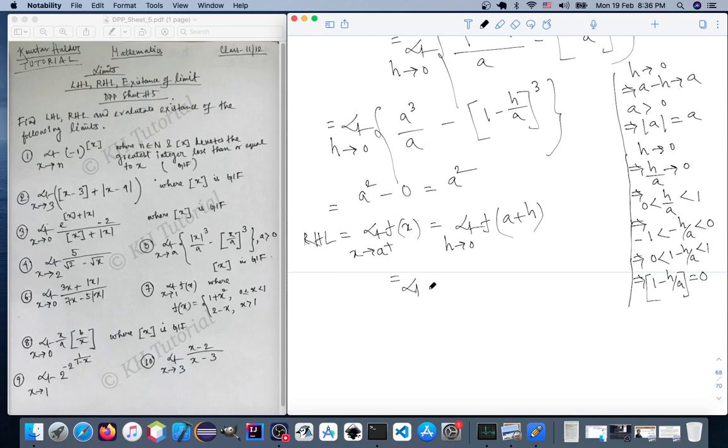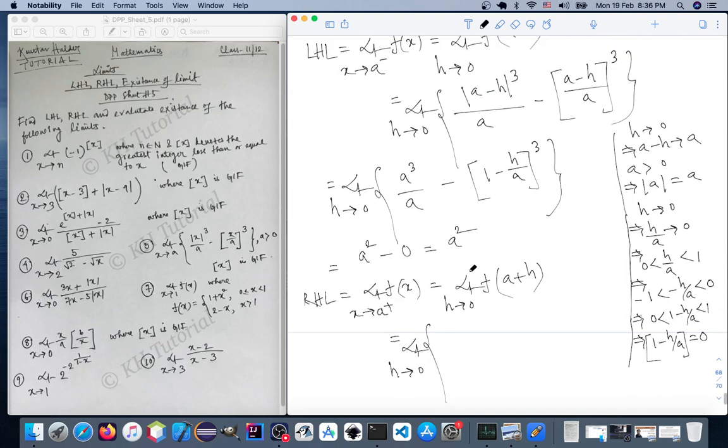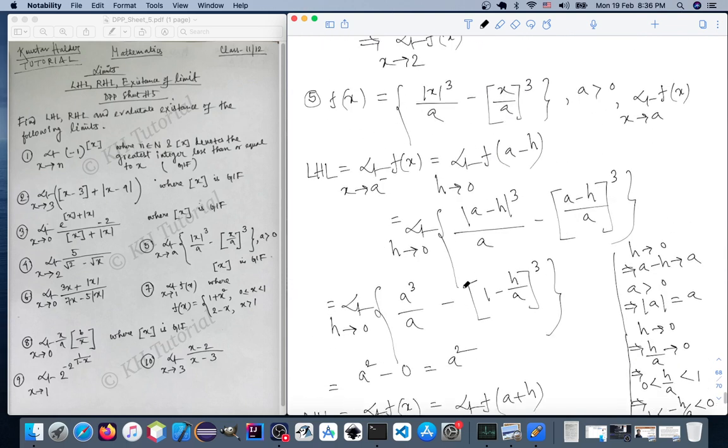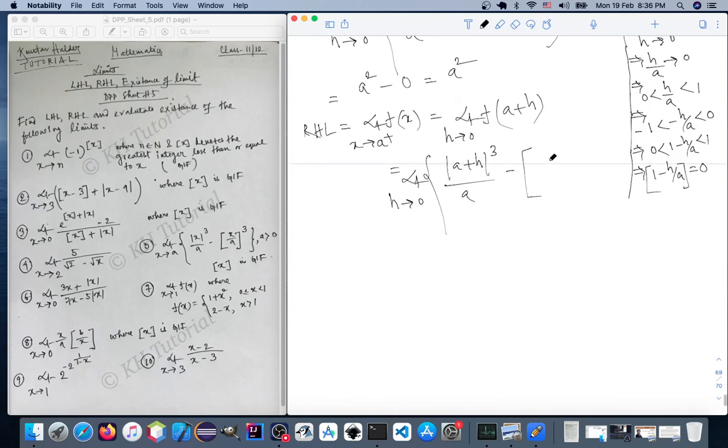This equals limit h tends to 0 of mod a plus h cube by a minus box of a plus h by a whole cube.